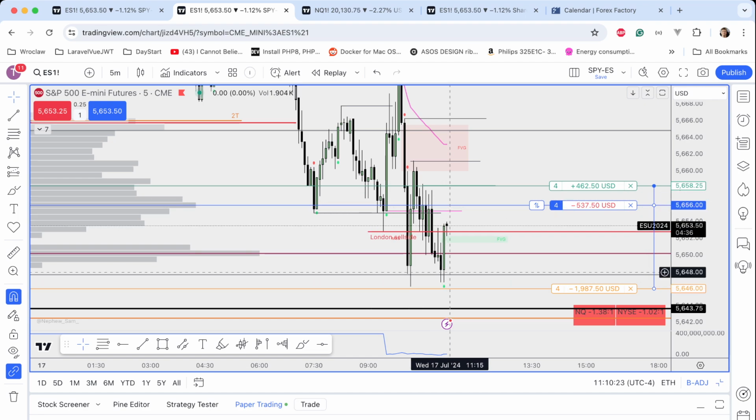I would like to see time and sales now. I would like to see delta on this candle, and time and sales.